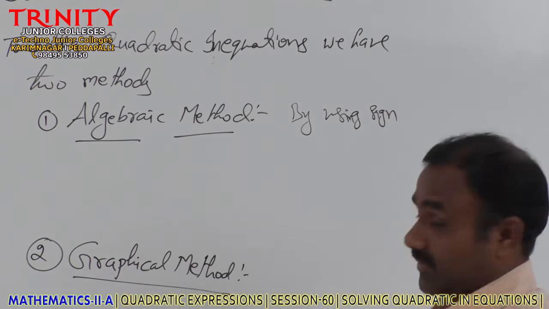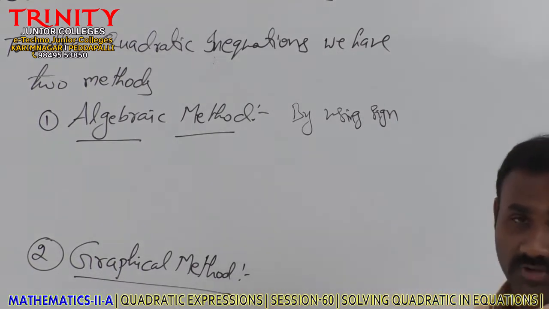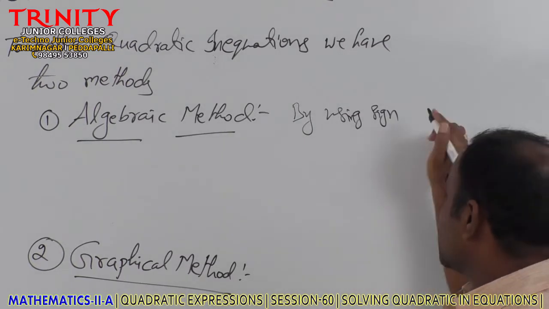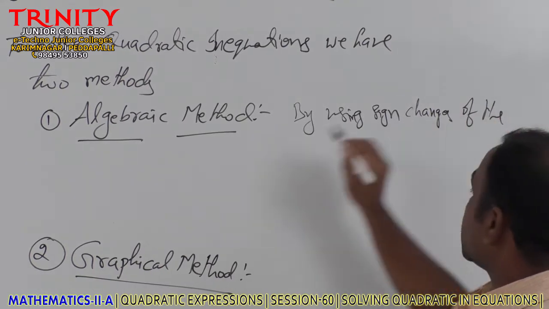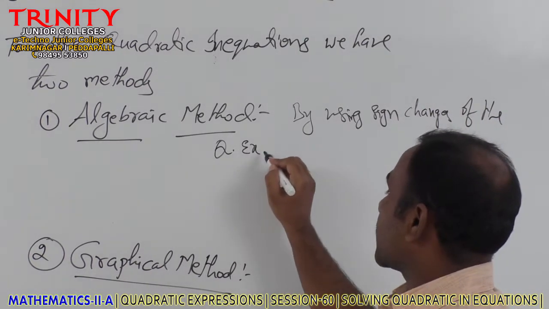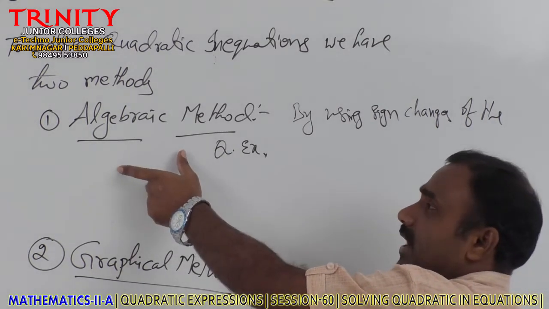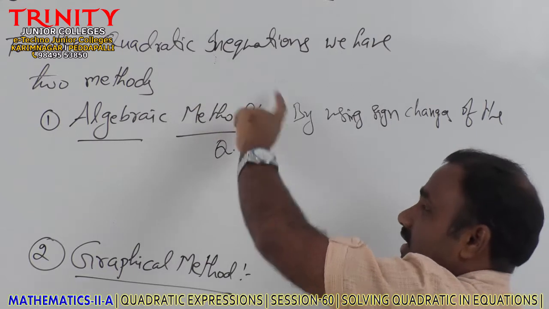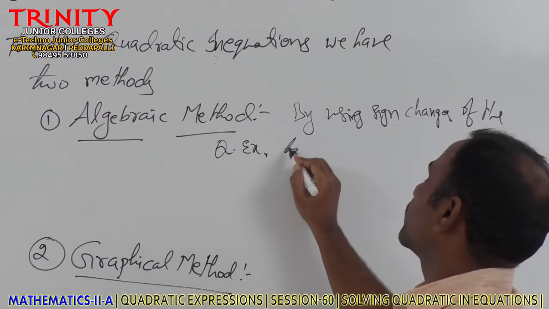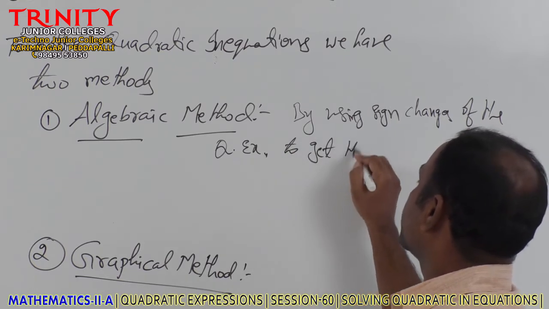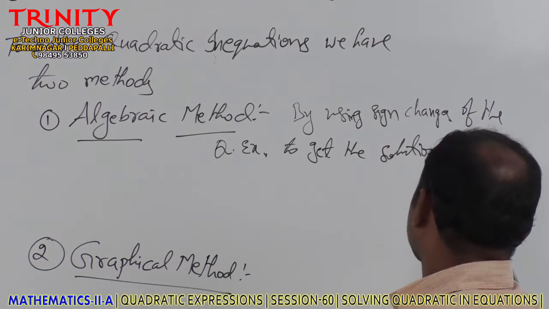We have already discussed sign changes of a quadratic expression when it is greater than 0 and when it is less than 0, very clearly. By using sign changes of the quadratic expression to get the solution of the inequation, that is called the algebraic method.